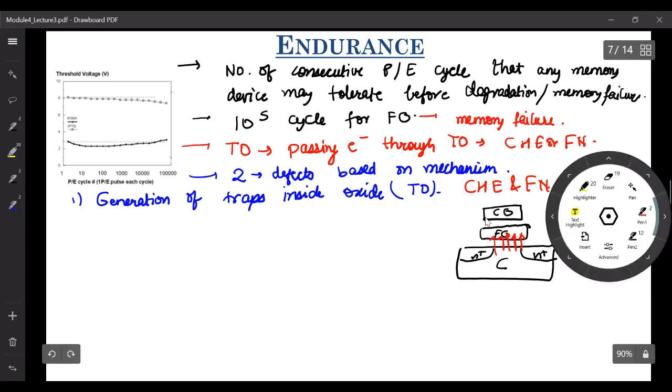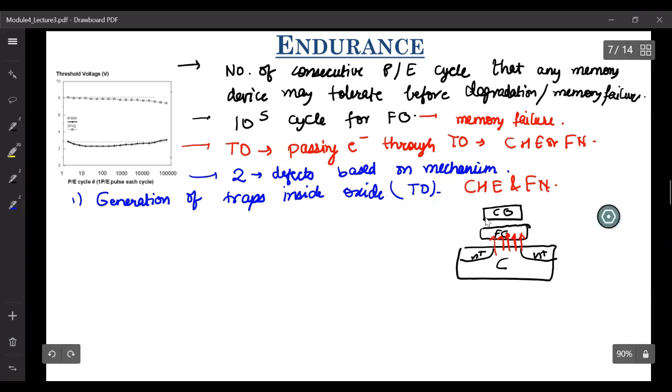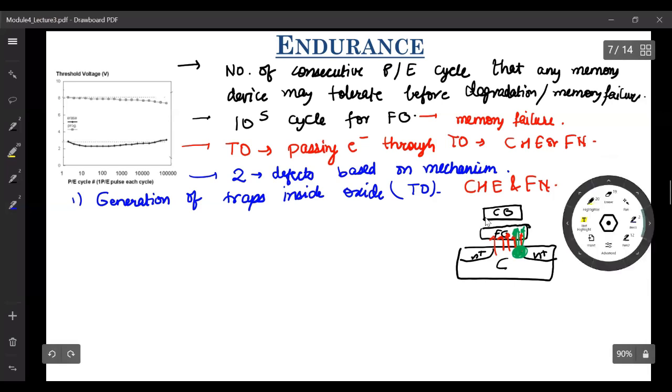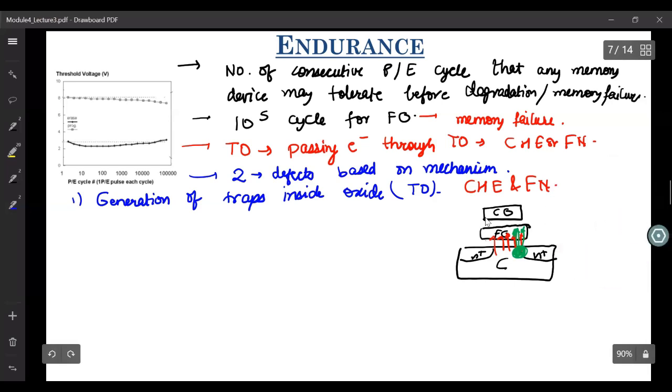What happens in CHE is, only the electrons which are highly energetic close to the drain region tunnel into the floating gate. So the difference is only in the location of the electrons which are tunneling into your floating gate. Because of this, defects are created in your oxide region.